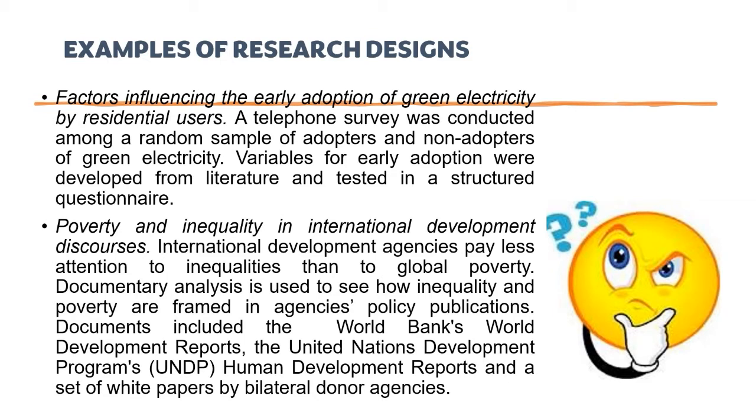And what they did was a telephone survey that was conducted among a random sample of adopters and non-adopters of green electricity. Look at those clues there. A random sample, and we're comparing two groups, people who adopt green energy, people who didn't adopt it. Comparison between two groups, clues that I'm looking for quantification.